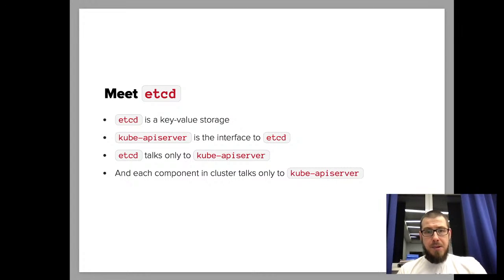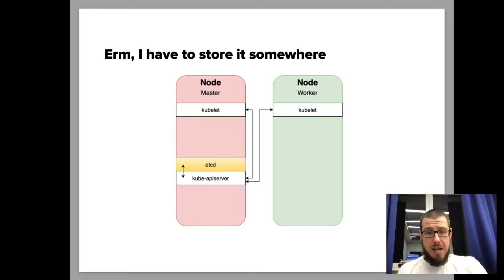etcd is a simple key value storage. Well, not as simple as it could be, but the kube API server is de facto the interface to etcd, and etcd itself talks only to the kube API server, and each component in the cluster talks only to the kube API server. That's an important thing. Let's look at it again.